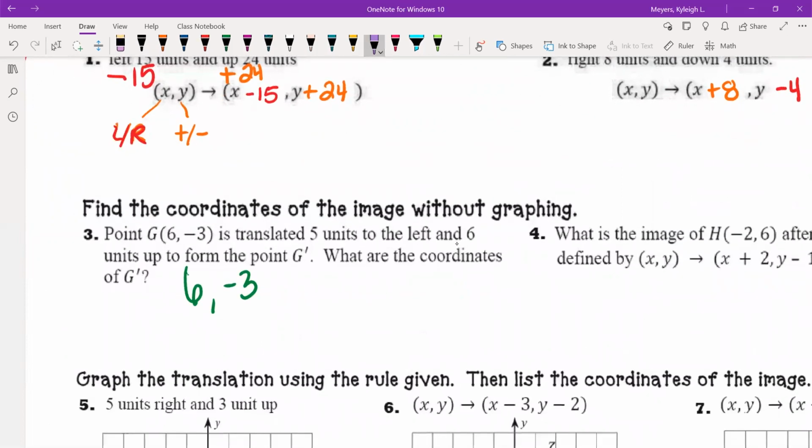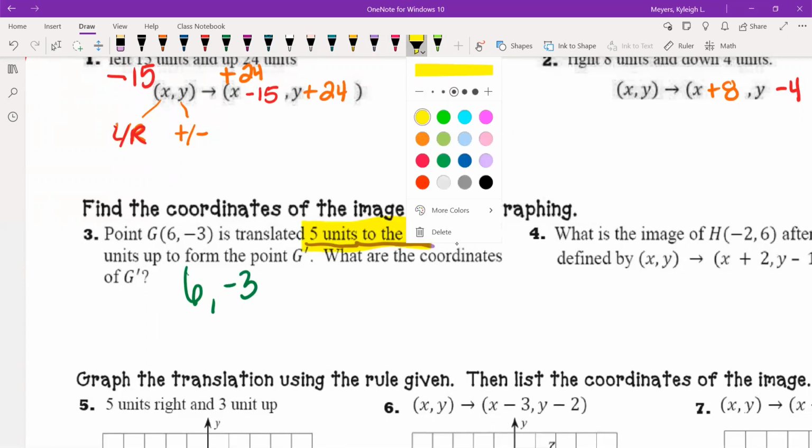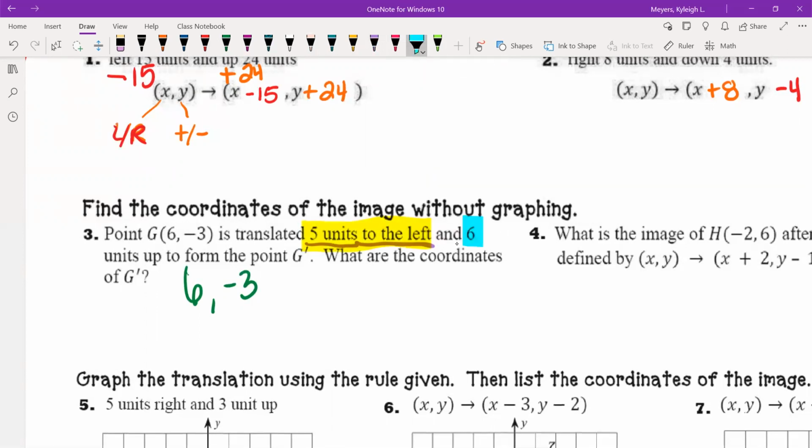It's moving 5 units to the left. And 6 units up. Okay, so remember that this 6 is your x, and this 3 is your y.